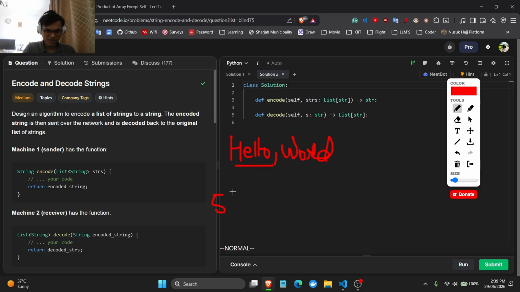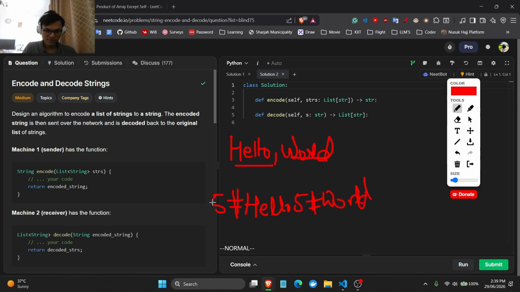We'll put 5, then one special character as a delimiter, and then hello. And again, 1 2 3 4 5, we'll put 5, the delimiter, and world. This will be our encoding.